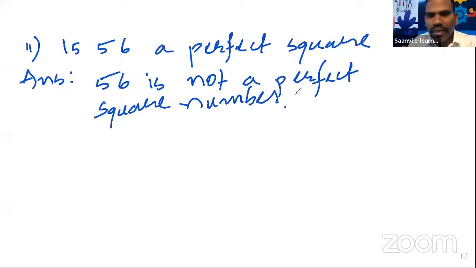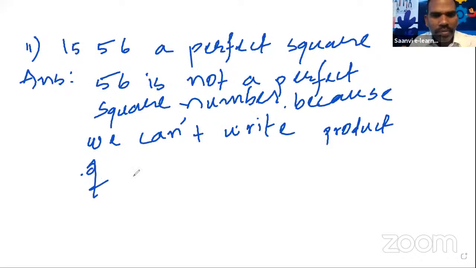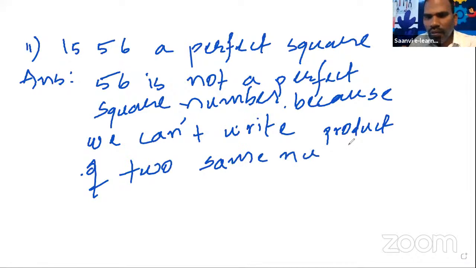Why? Because we can't write 56 as the product of two same numbers.